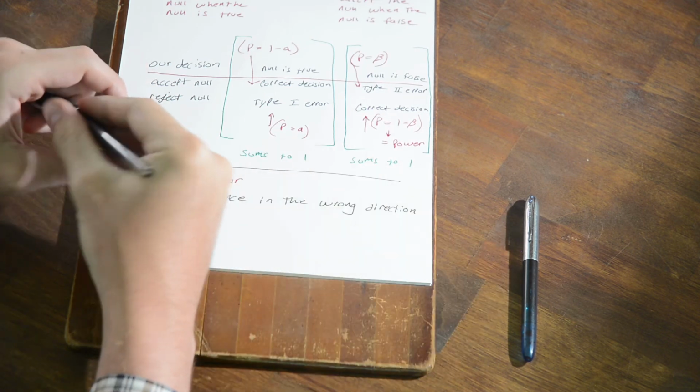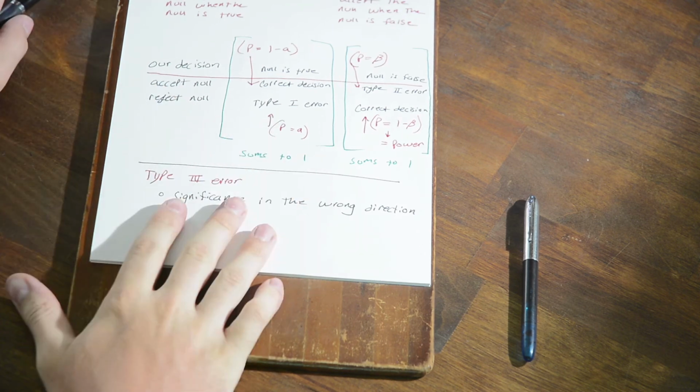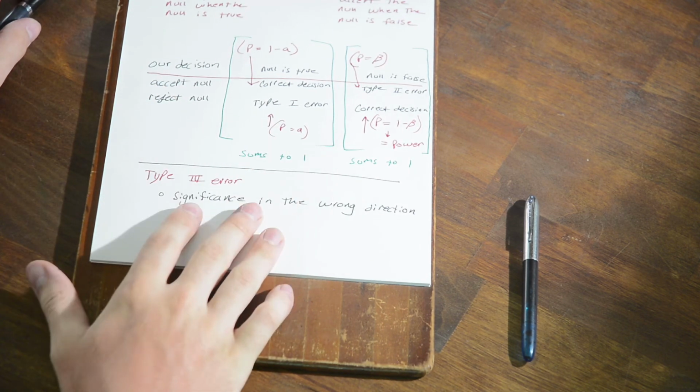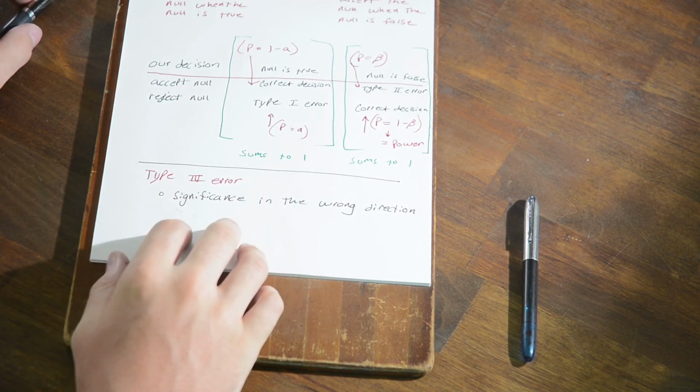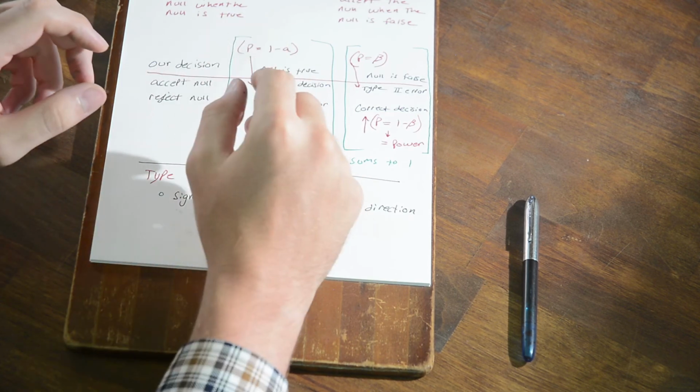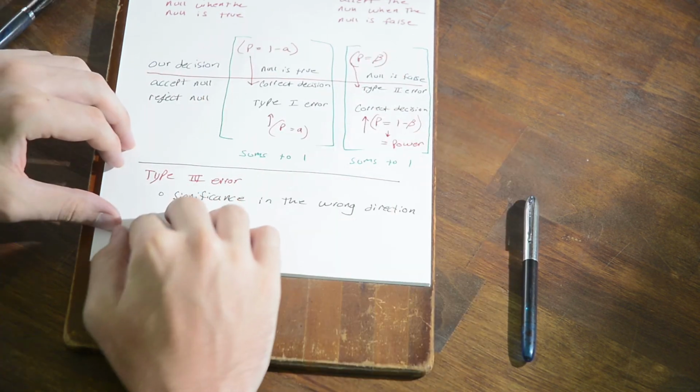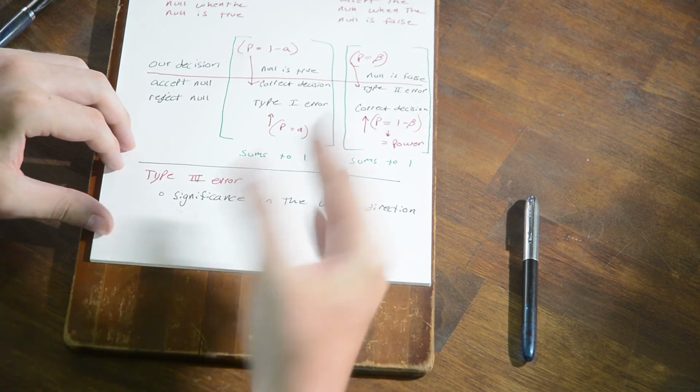Now, this does not come up too often because most of the time you will be using a two-tailed test instead of a one-tailed test.